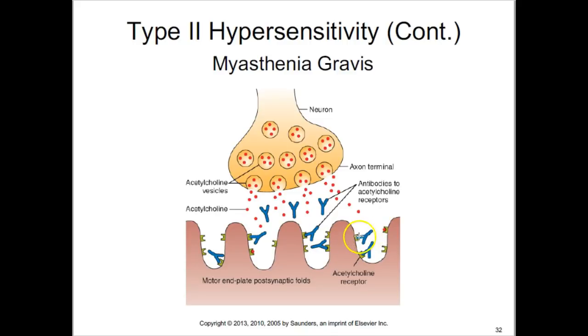They have that Y shape, and I want you to review what that Y shape is, because it is the shape of antibodies. They have a light chain and a heavy chain, and at the very tip of that Y is the antigenic area.